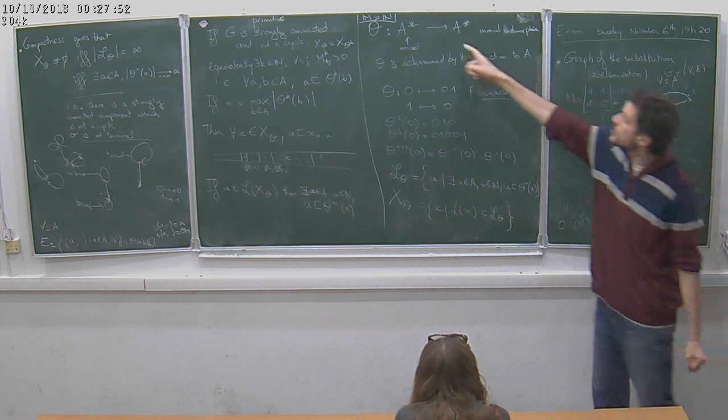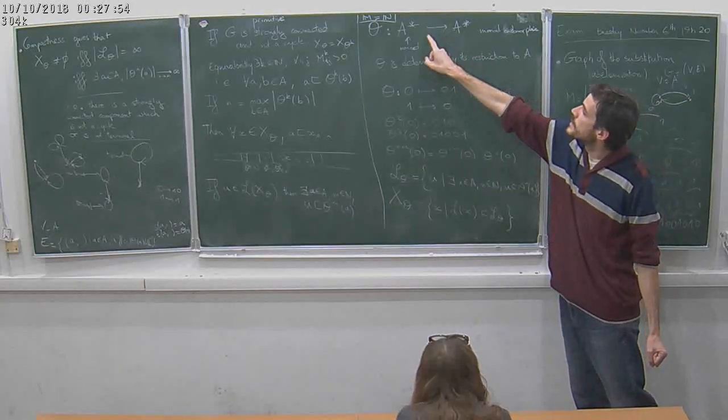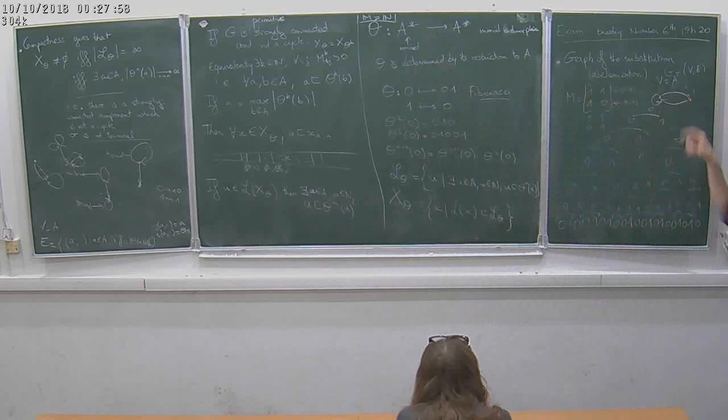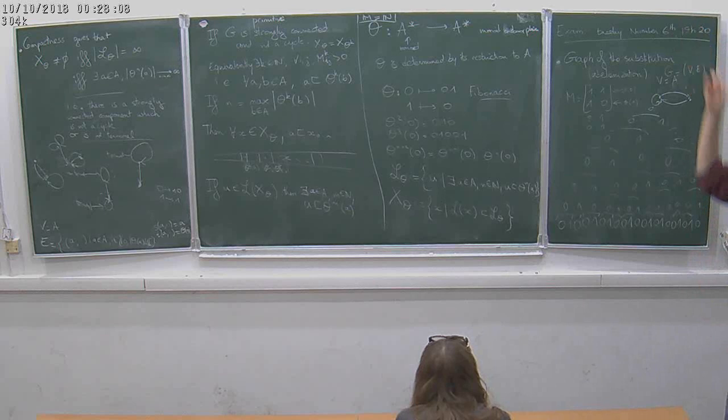It's not very difficult to see that this is extendable to A to the capital N, etc. So you have pre-images of every height, and all of these pre-images, since they also have pre-images of every height, must all be in the substitutive subshift.